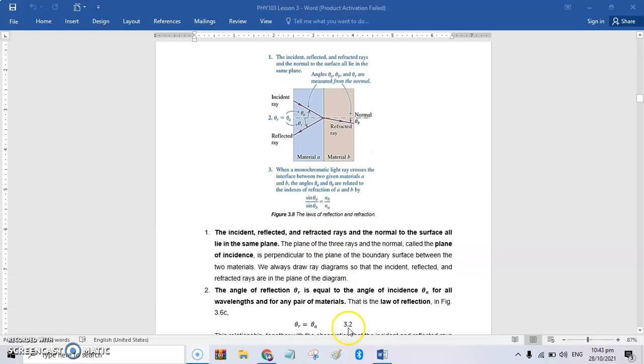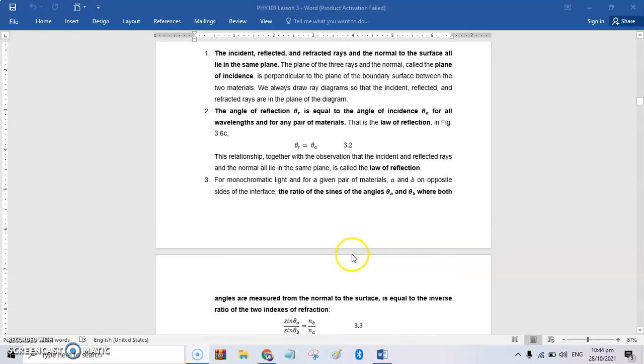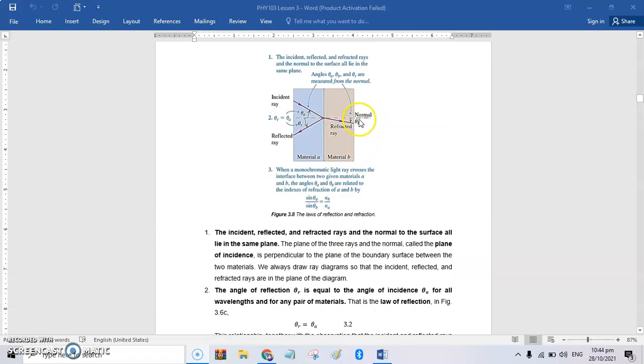So, normal siya sa kanyang, sabi is measured from the normal to the surface. So, ang normal is this one, from normal to the surface. So, si theta B is from this normal line up to the refracted ray.